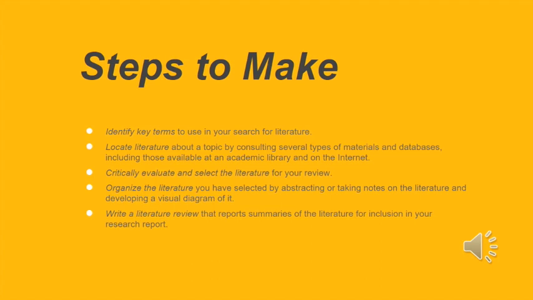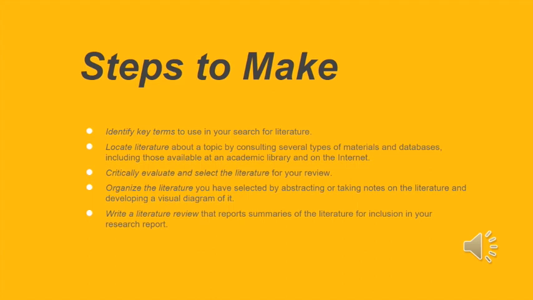After we know what a literature review is and why we should make one, it is time to talk about the steps. There are five steps we have to know.